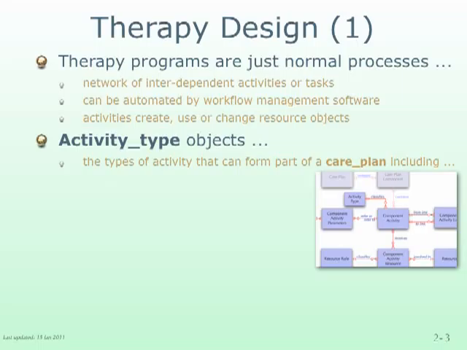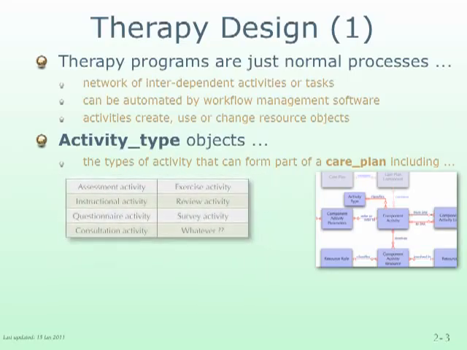Some of these activity types are listed in the following table. There may be assessment activities, exercise activities, instructional activities, review activities, questionnaire activities, survey activities, consultation activities, and any other activity type that may be required.